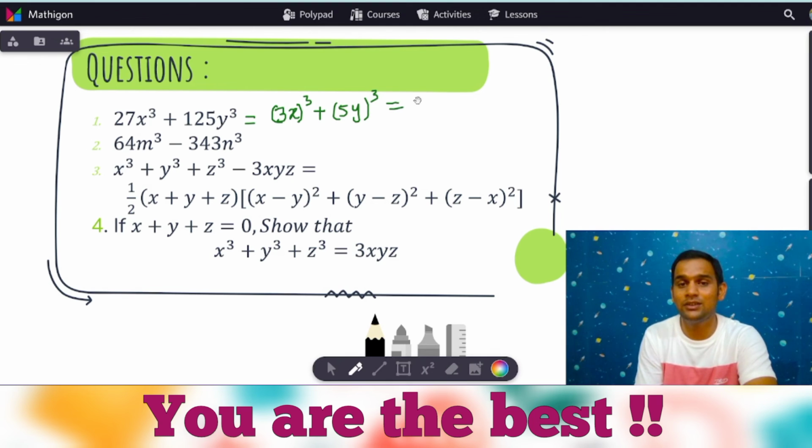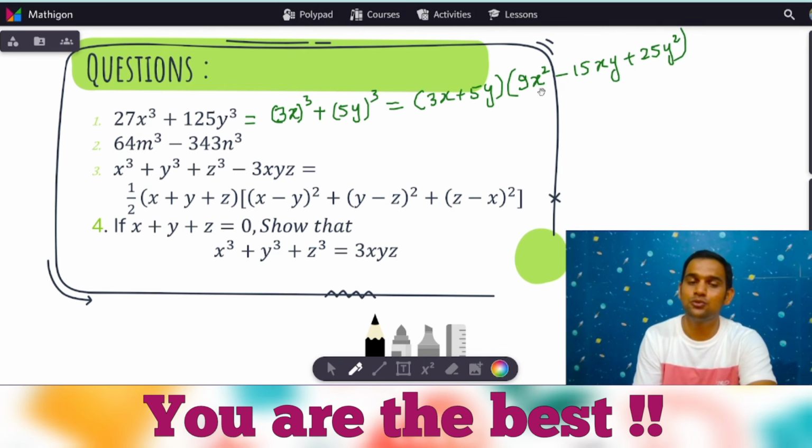What will be the factorization of that? It will be 3x plus 5y and then 3x to the whole square, that gives you 9x square, minus 3x multiplied by 5y, 3 times 5 is 15xy, and then 5y square, so plus 25y square. And that's how you get the two factors.